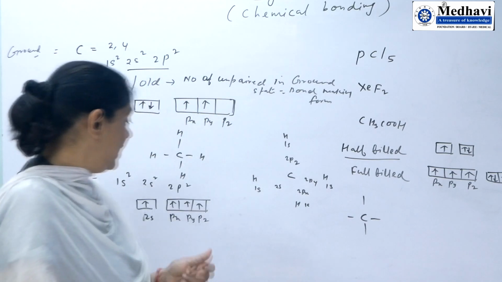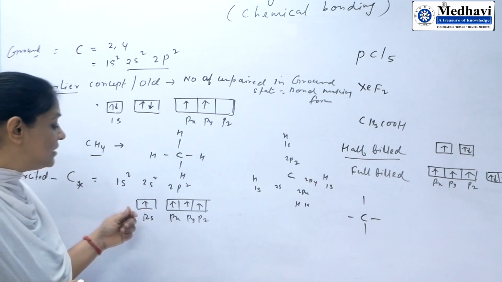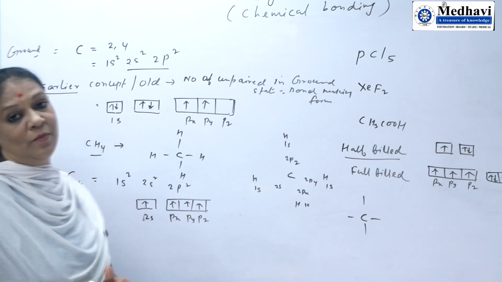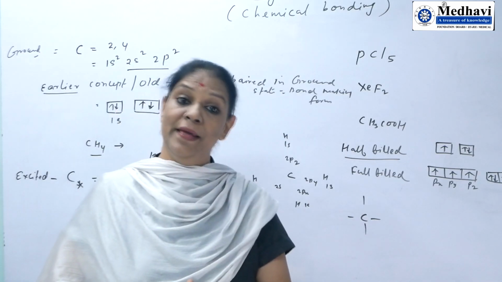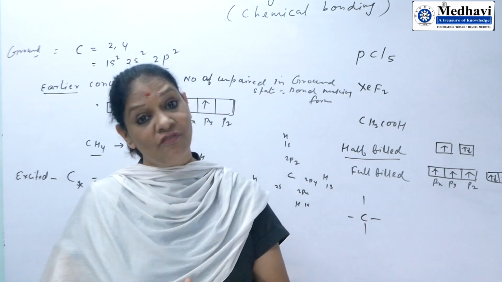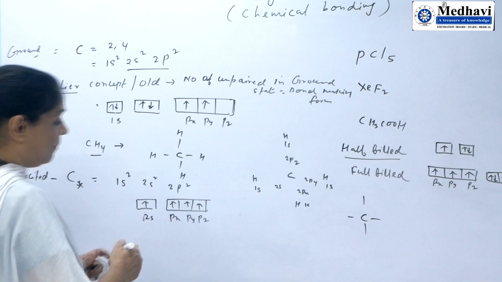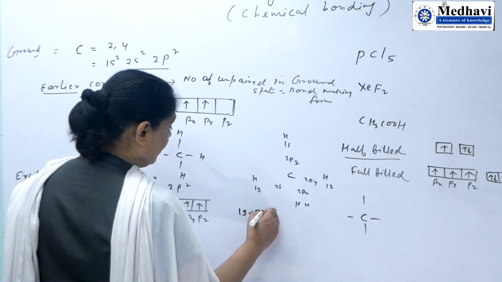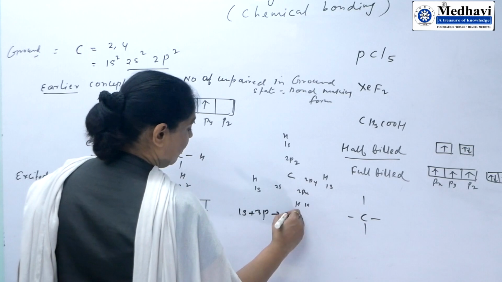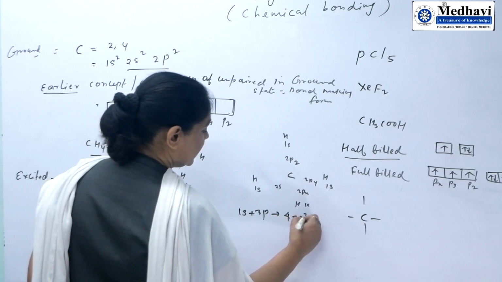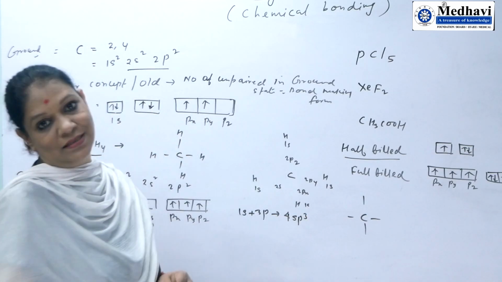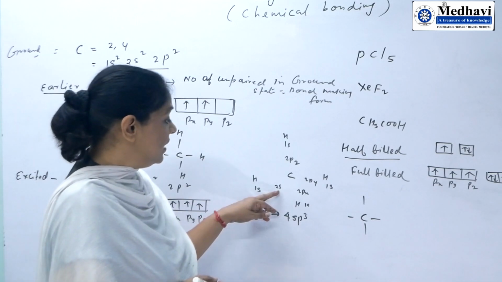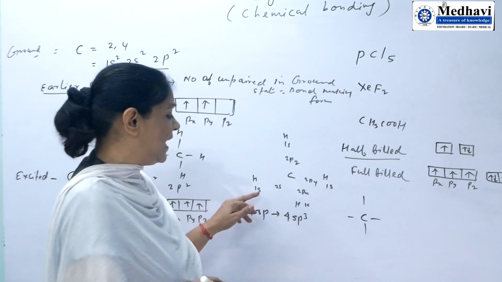What I want to say here is, carbon has 1 s orbital and 3 p orbitals. All are unpaired, all are half filled. So when we combine 1 s and 3 p, we get 4 sp3 hybrid orbitals. So we can see that here the bond is not between s and s.